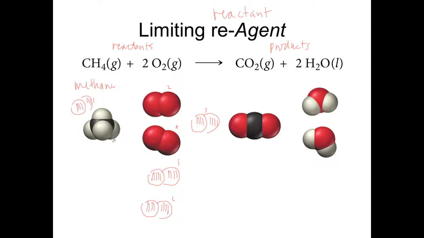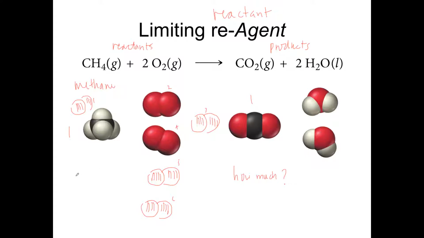So you might have 6 oxygen molecules. Well, in that case, how much carbon dioxide can we make if you're doing this in open air? How much? If you burn 1 mole of methane in the open air, you can still only get 1, right? Because you only have 1 carbon atom.